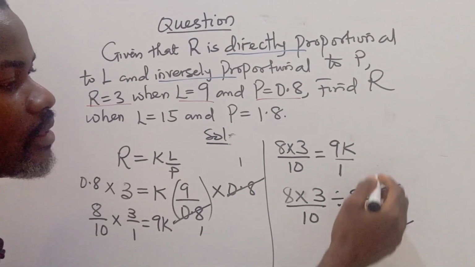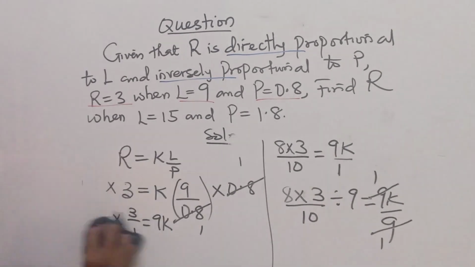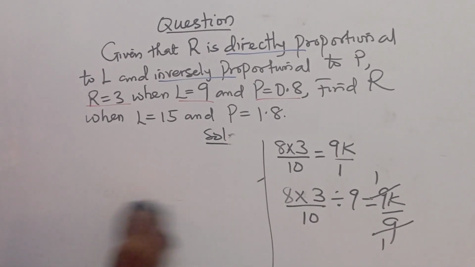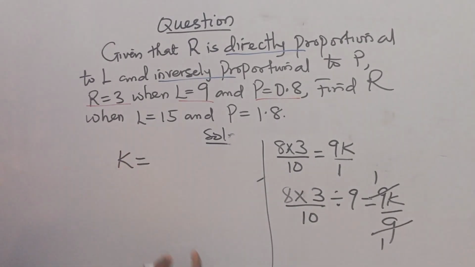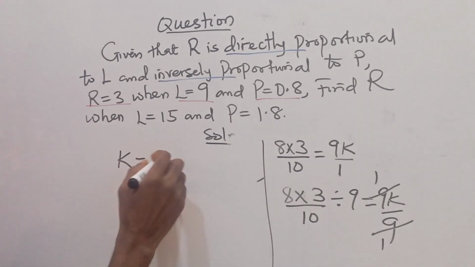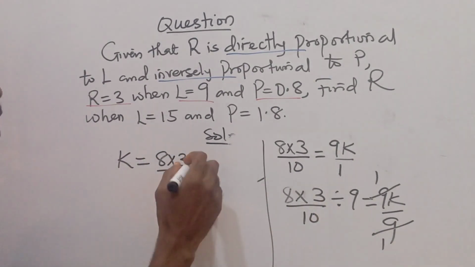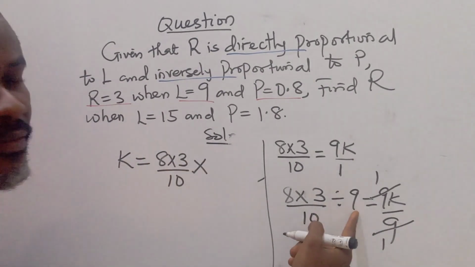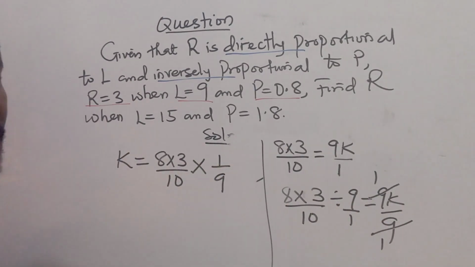So these will cancel out, this is 1. So let's see what the value of K is. K is equal to 8 times 3 all over 10. This will change to times, and we can invert this, so it becomes 1 over 9.